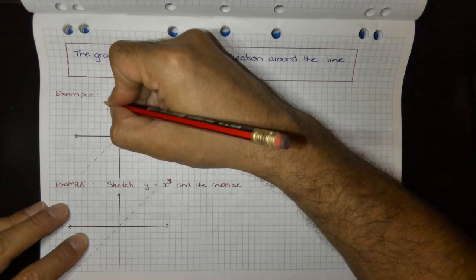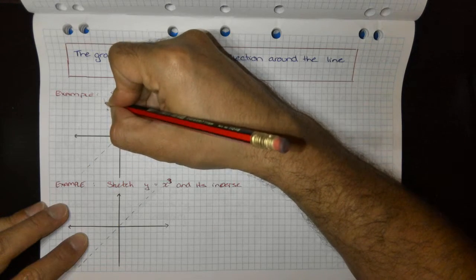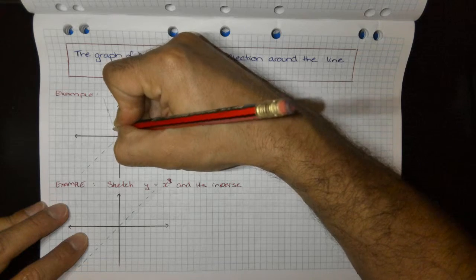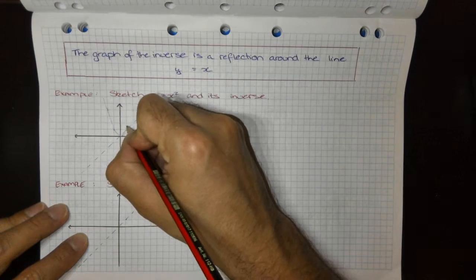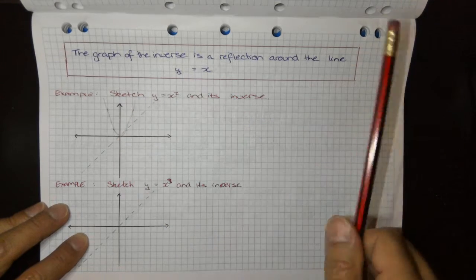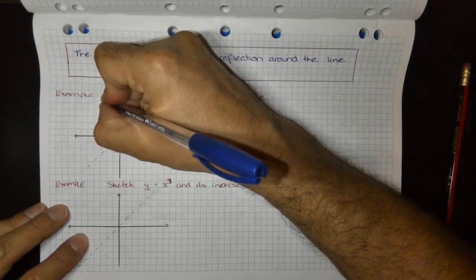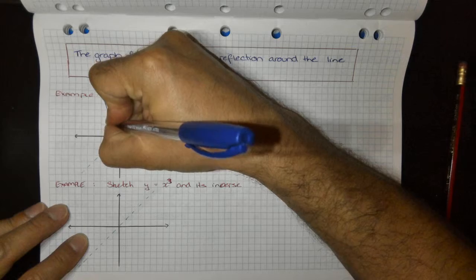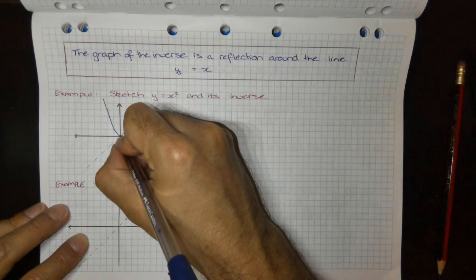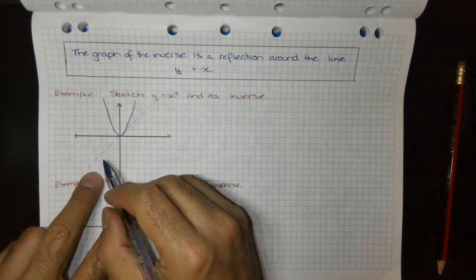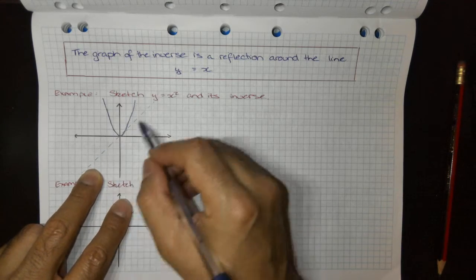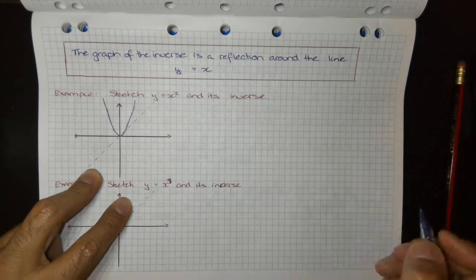So here is our normal parabola, and I'll draw that maybe in blue. What we're going to do is sketch the inverse. So we're going to reflect this parabola around the y equals x line.